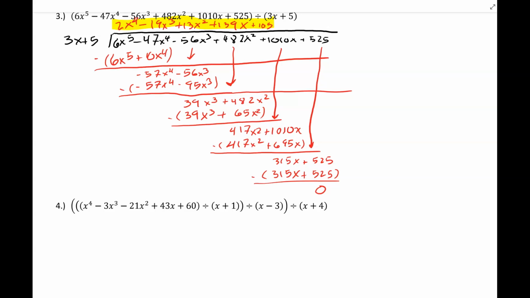So big picture, what does this mean if I get remainder 0 when I do one of these polynomial divisions? Well, let's relate this back to numbers, right? If I do 6 divided by 2, that gives me a remainder 0, right?